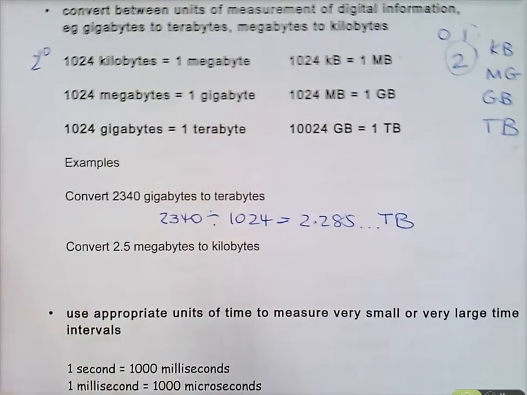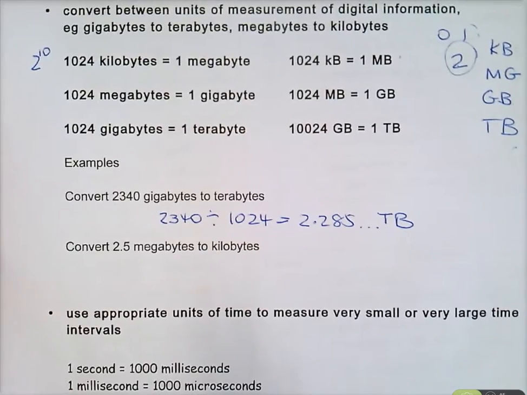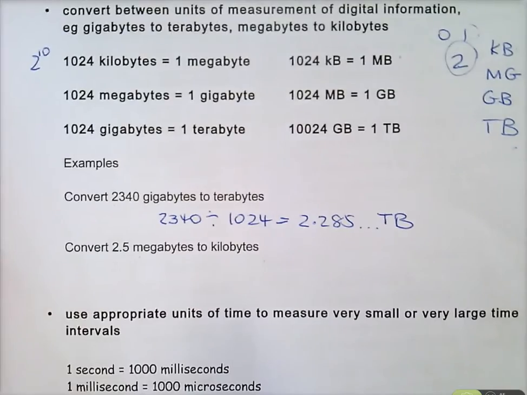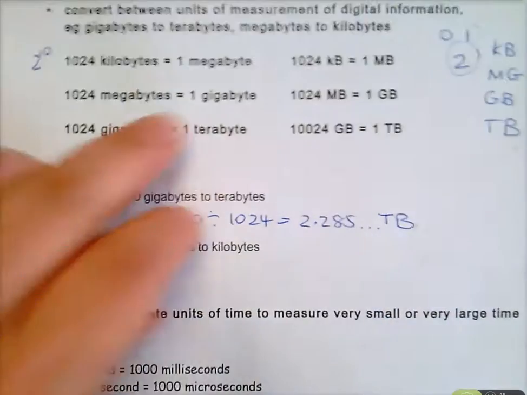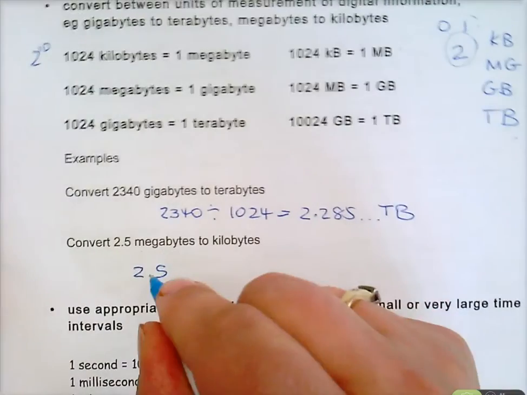Okay, convert megabytes to kilobytes. Which one's smaller, kilo or mega? Mega sounds bigger, doesn't it? Kilo is smaller. When converting from large units to small units, you multiply because you have lots of little things that make up the big thing. So for 2.5 megabytes, 1 megabyte is 1,024 kilobytes. What do I do with this?